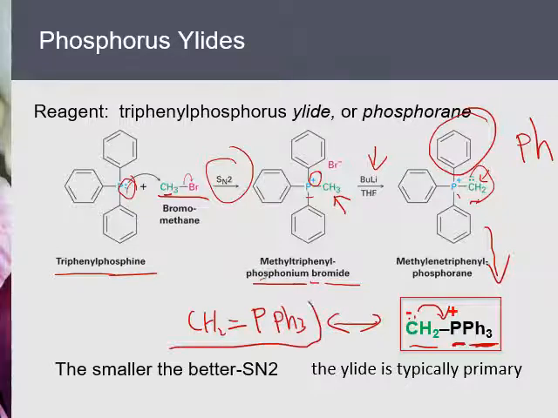So this is another way to draw the triphenylphosphorus ylide: either a double bond between carbon and phosphorus, or a positive charge on phosphorus and a negative charge on carbon. Now note that since this is an SN2 reaction, the alkyl group usually is primary. So the ylide is typically a primary ylide.